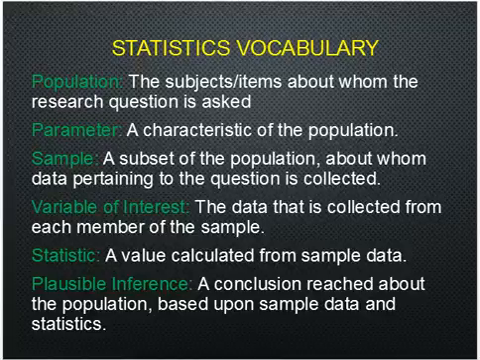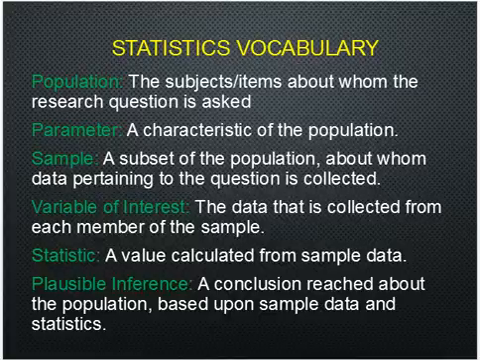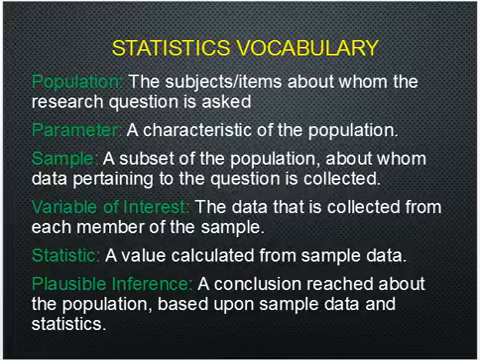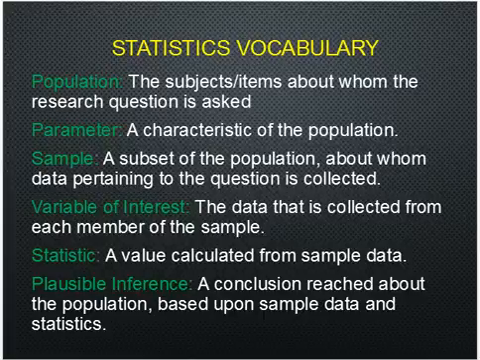The variable of interest is the data that's collected from each member of the sample that will allow us to answer that question. A statistic is some value calculated from the sample data. So it might be a sample proportion or percentage. It might be a sample mean. It might be a sample standard deviation. There's lots of statistics. All statistics, however, are calculated from samples.